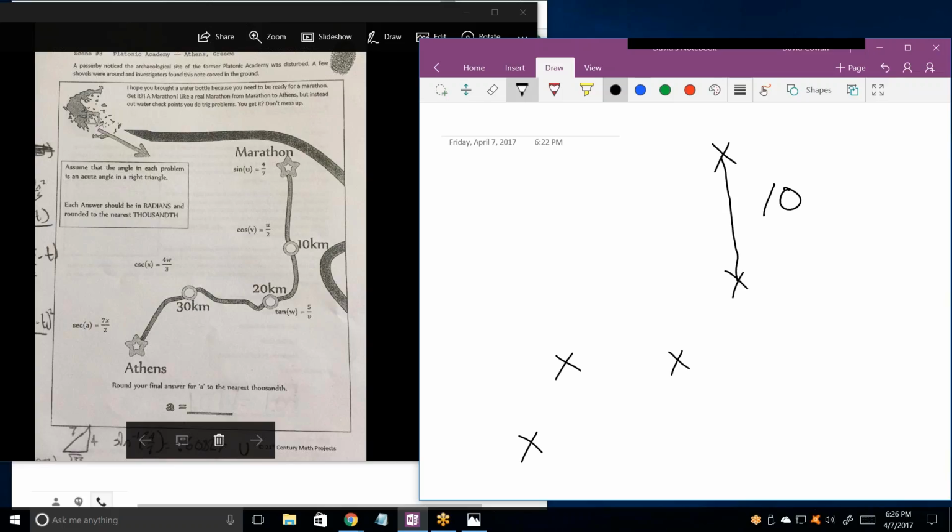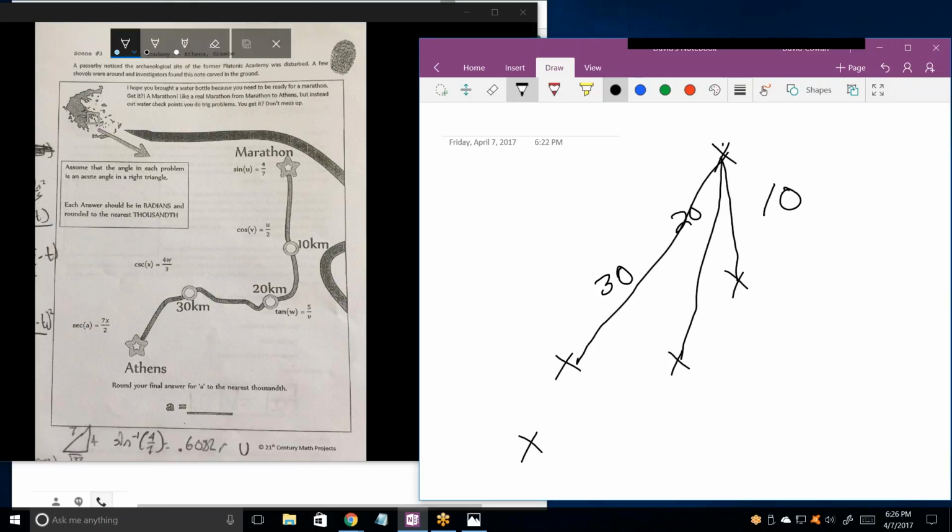Yes. And what is 20? Is 20 the measurement from the starting spot? Yeah, it must be. Oh, yeah, it makes sense. So that distance is 20. That distance is 30. And they don't give you the distance to Athens. Probably that's what they want you to solve for.